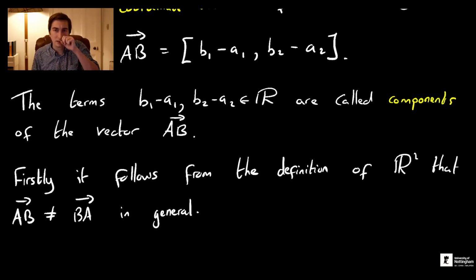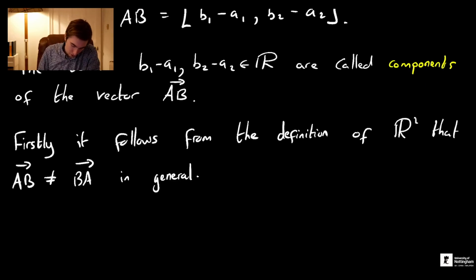That follows because the order matters. They're only going to be equal if the components themselves are individually equal. That will lead us to a definition in just a minute, where we talk about equality of vectors.